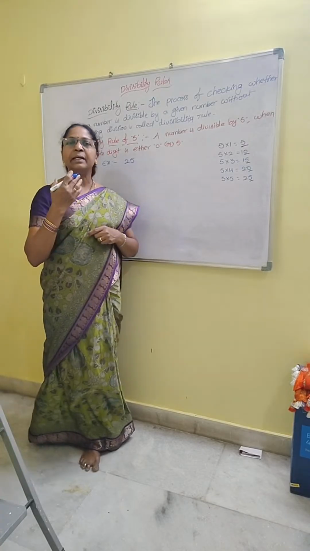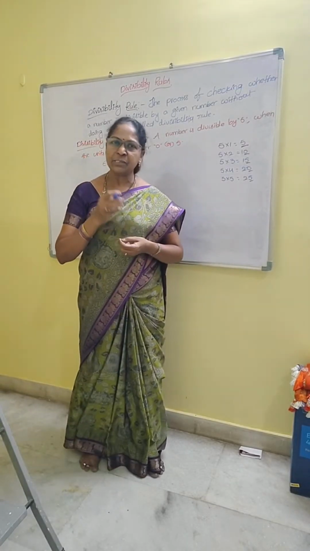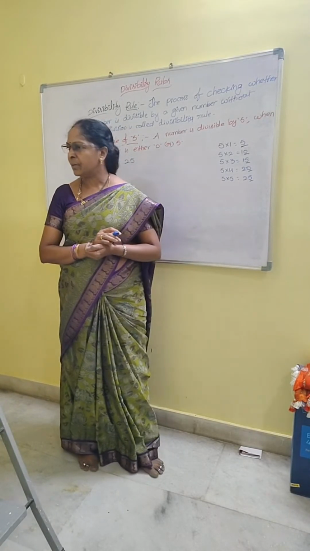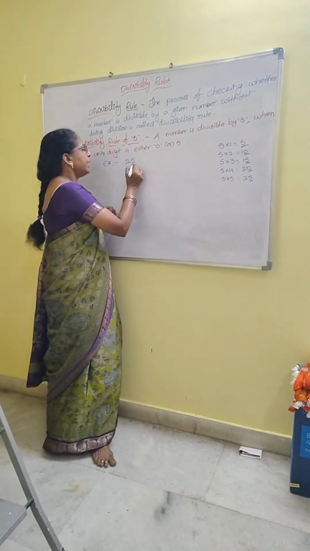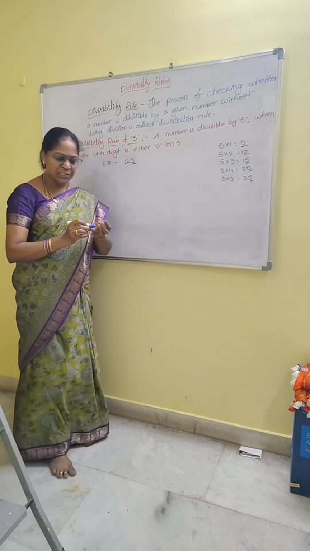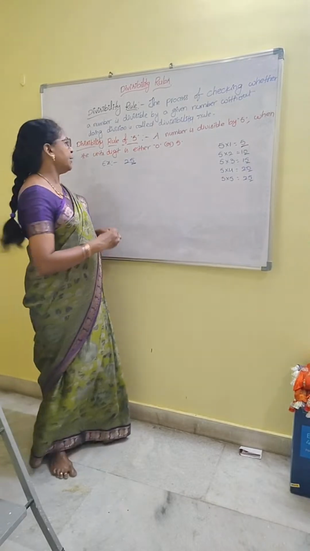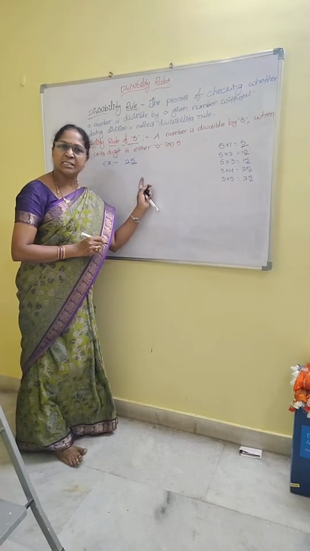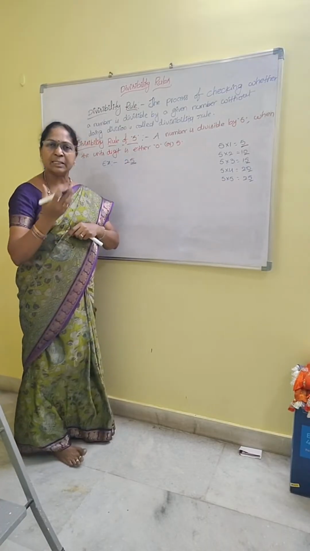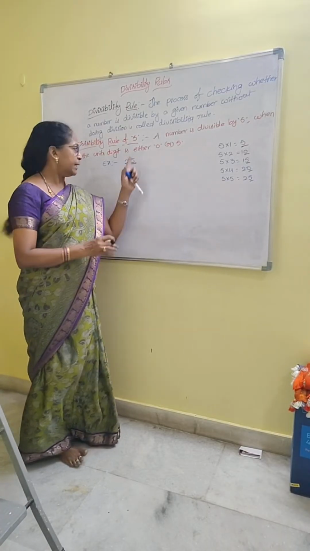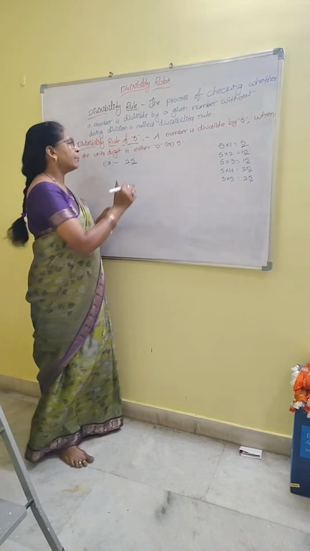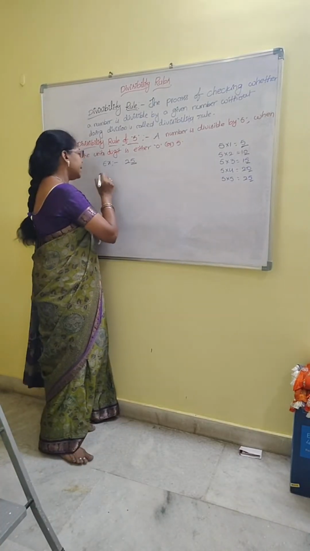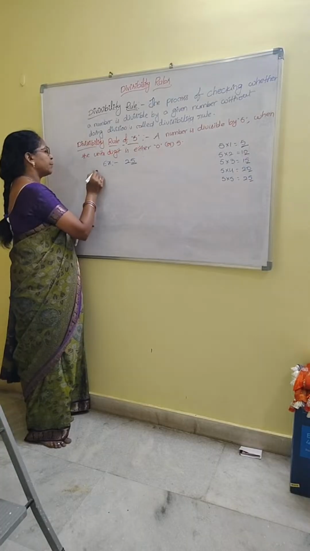But whenever big numbers are given, can you say directly? No. How can you say here? Here you just have to observe the unit digit's place of the number. Here the unit digit place is 5. If at the unit digit's place either 5 or 0 is there, then you can say that yes, it is divisible by 5.